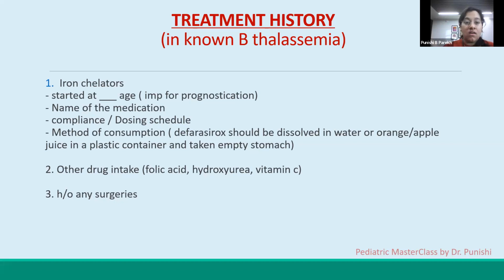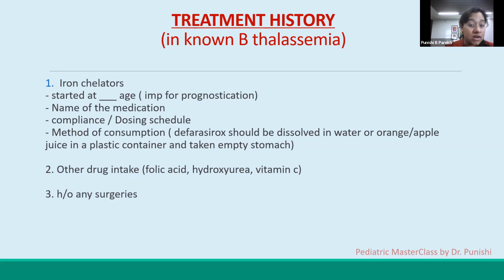We'll look at iron toxicity as we go ahead in the discussion. But if not treated well with iron chelators, it can lead to a lot of debilitating conditions, whether it's growth retardation, endocrinopathies, cardiac dysfunction, etc., because of the iron overload. So iron chelators become very important.